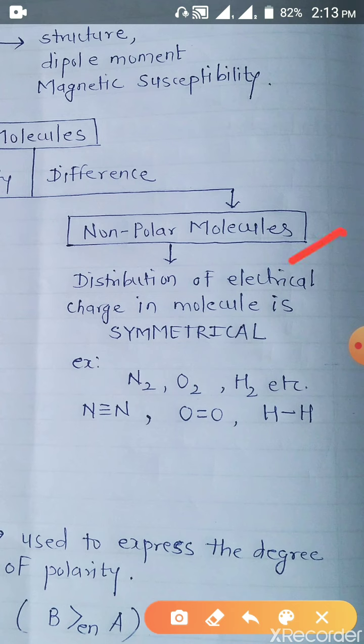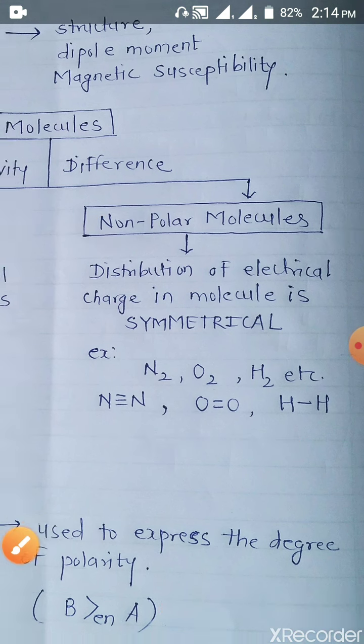The examples are clearly shown here: nitrogen molecule, oxygen molecule, hydrogen molecule. Here you can see nitrogen is triply bonded with nitrogen. Both atoms have the same electronegativity value, and that's why it is classified under non-polar molecules.